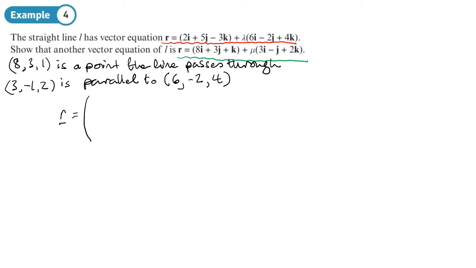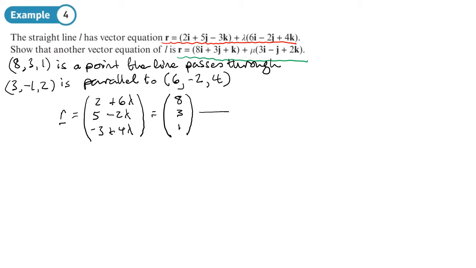So let's write it in columns. So (2, 5, negative 3), let's stick it all in one bracket, plus lambda times (6, negative 2, 4). Does that pass through (8, 3, 1)? Is there a value of lambda that makes that work? From the first row, lambda would need to be 1, 1 in the second one, 1 in the third one. Yes, that works.